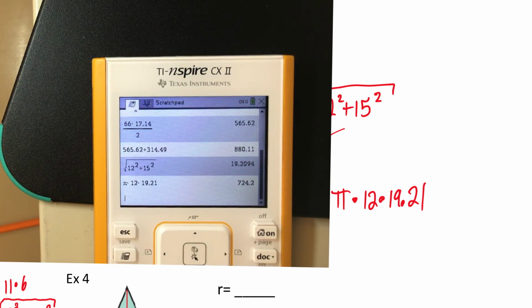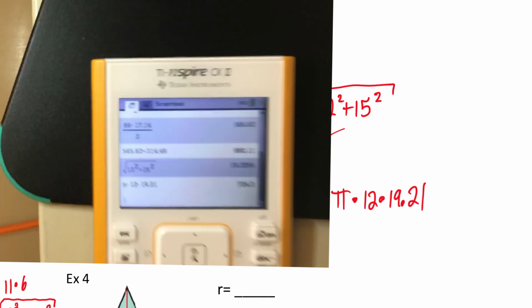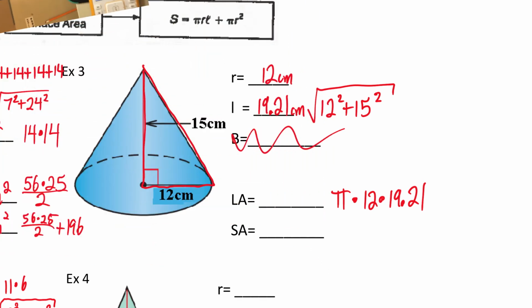All right, centimeters squared. And then for the total, pi R L plus pi R squared.